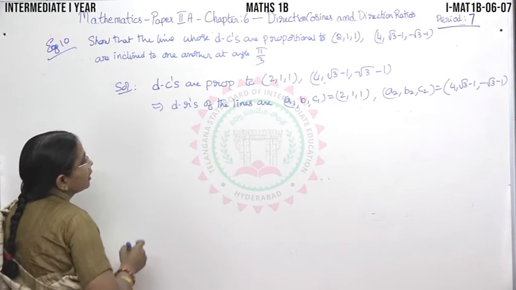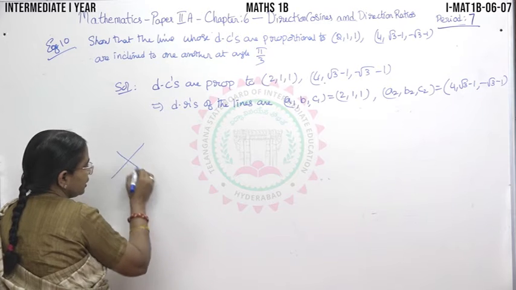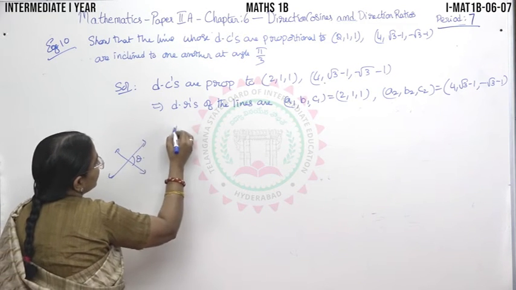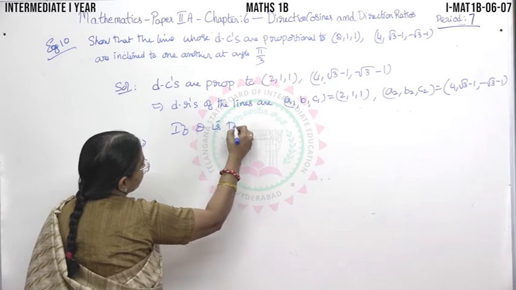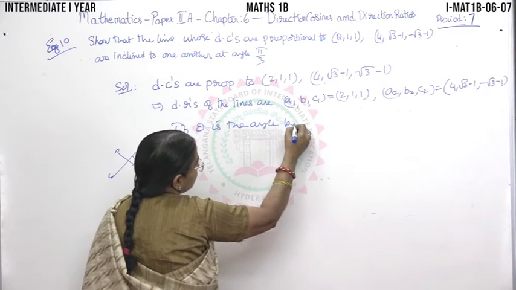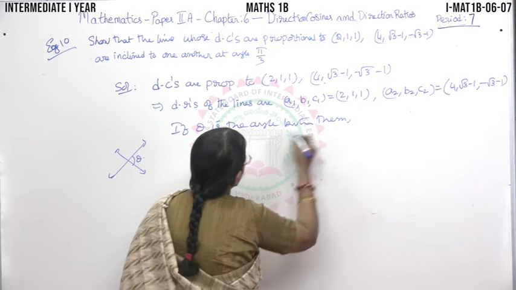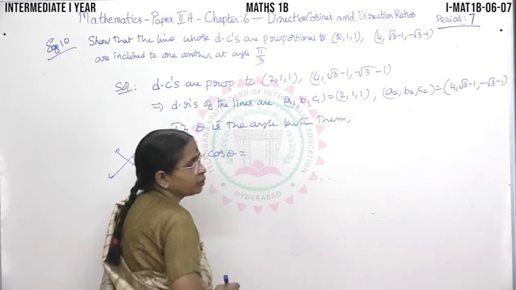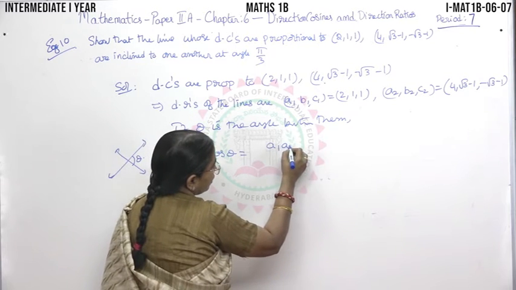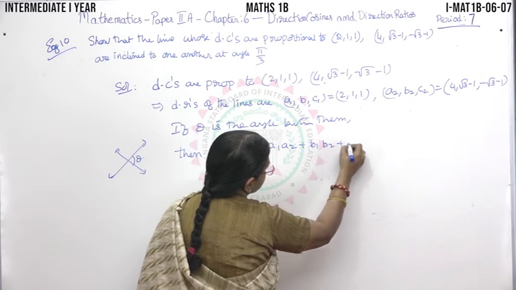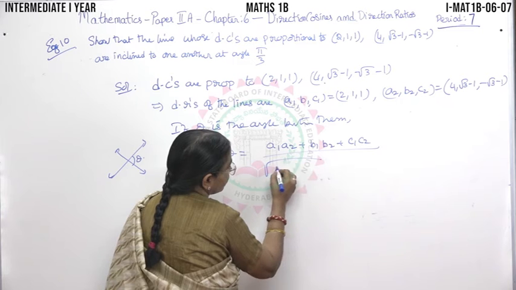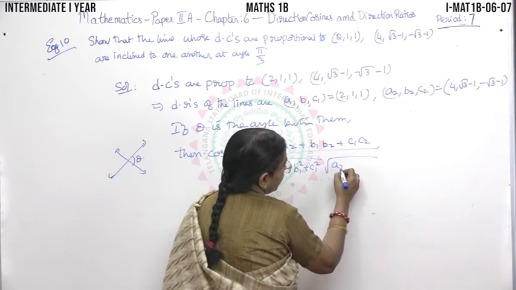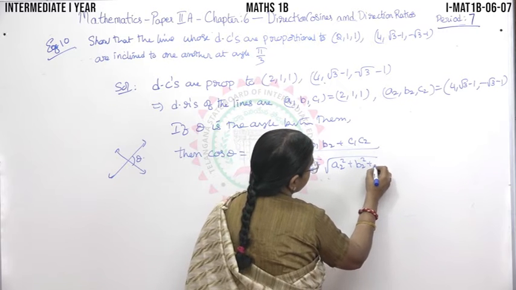Now they are inclined to one another means the angle between them. One is inclined to another at an angle theta. So if theta is the angle between them, then cos theta is equal to, you just write the formula, A1 A2 plus B1 B2 plus C1 C2 by root of A1 square plus B1 square plus C1 square into root of A2 square plus B2 square plus C2 square.